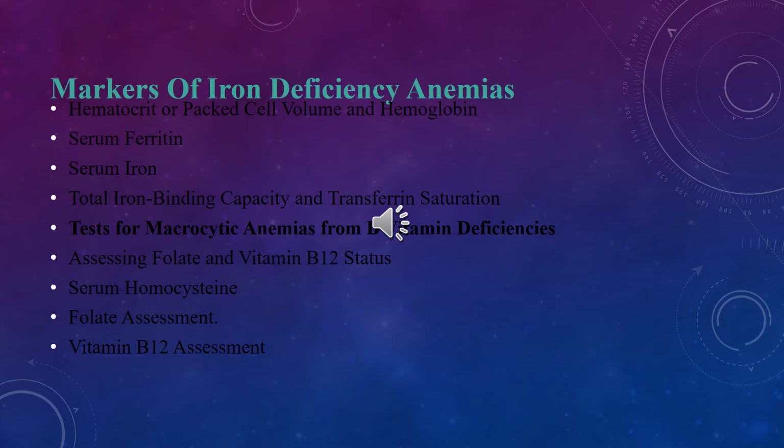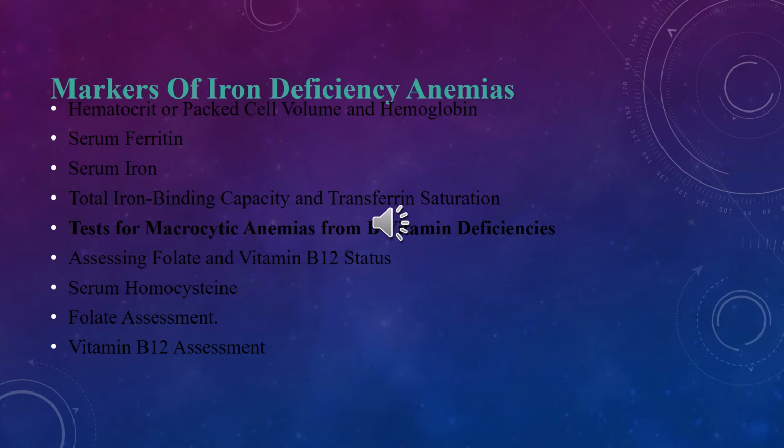Serum ferritin is a storage protein found in the liver, spleen, and bone marrow. As the iron supply increases, the intracellular level of ferritin increases, and a small amount of ferritin leaks into the circulation.